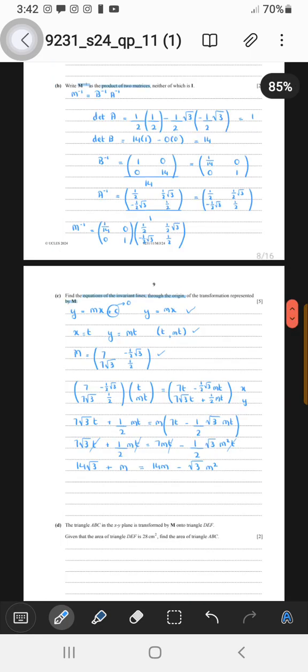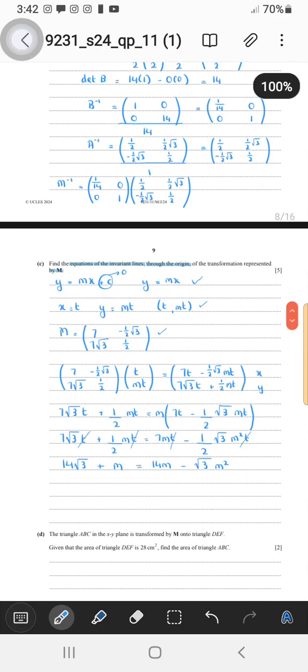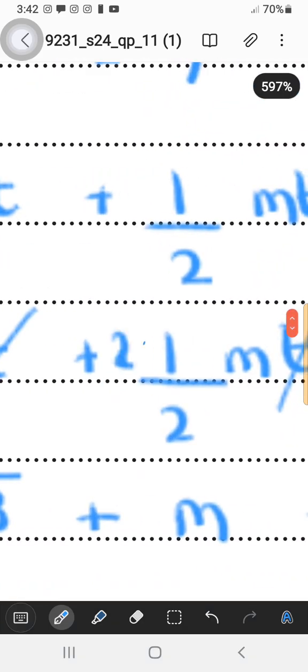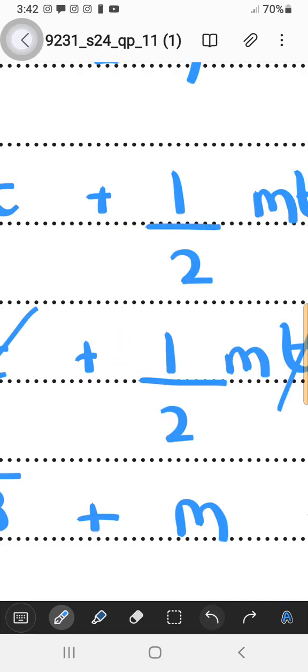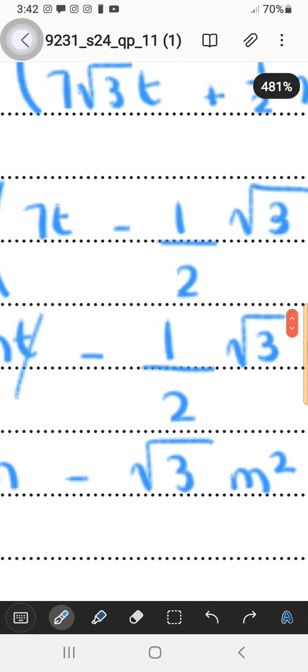I multiplied the 2 with the complete equation, and when I multiplied 2 with this, this 2 and this 2 got cancelled. Same with this, when I multiplied, this 2 and this 2 got cancelled.